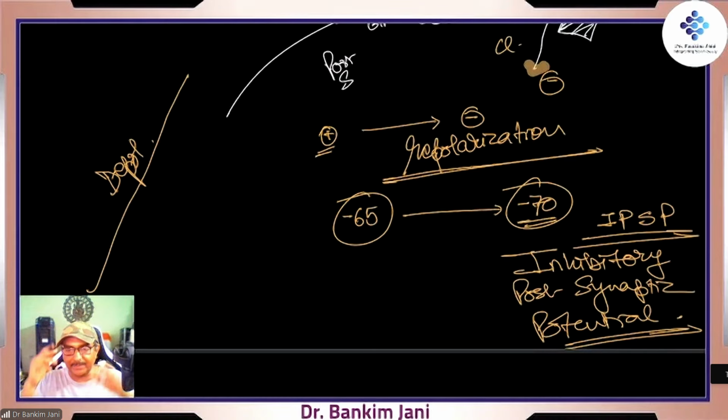After death, muscles one by one start going into spasm, because they remain in the depolarized state. They are not coming into repolarization.